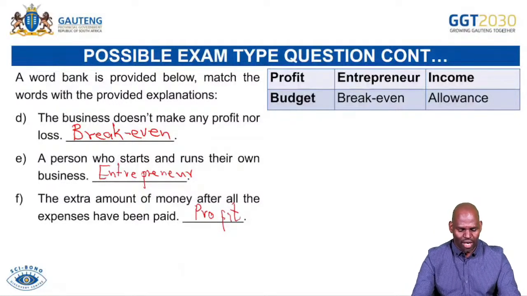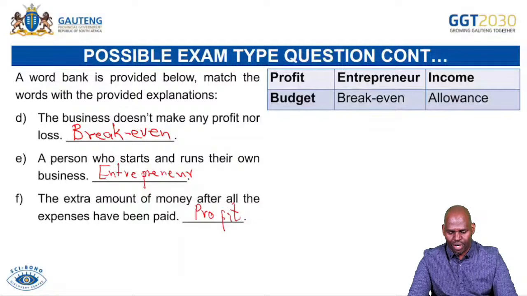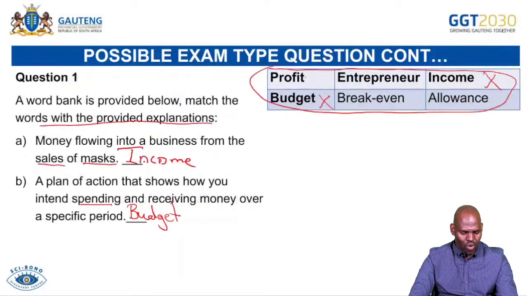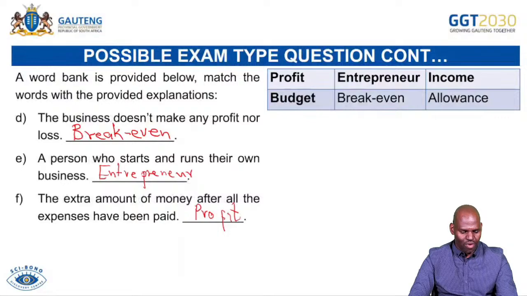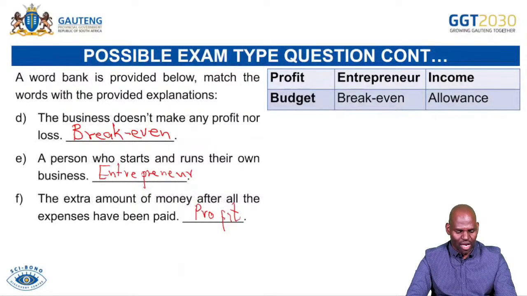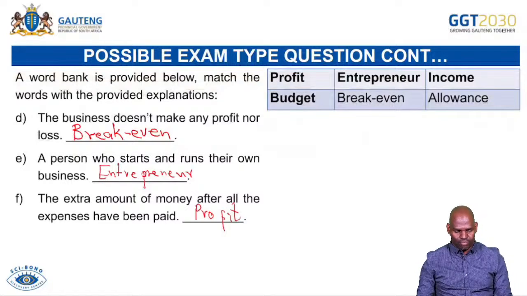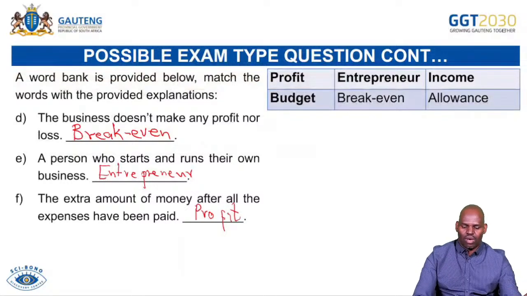The extra amount of money after all expenses have been paid. So I've got 1, 2, 3, 4, 5, 6. I've already done 1, 2, 3, 4, 5, so it's until F. I only had to choose 5 from the 6.